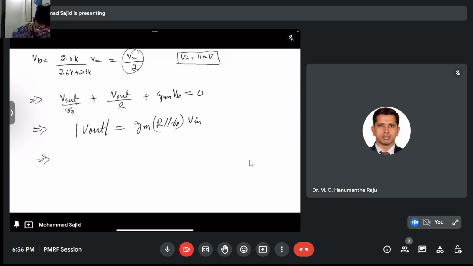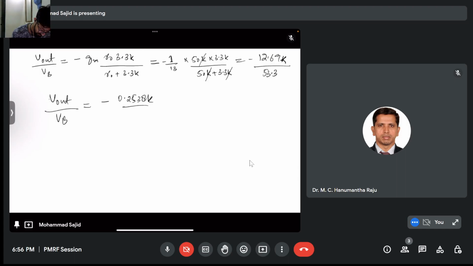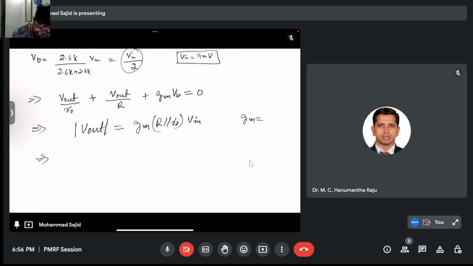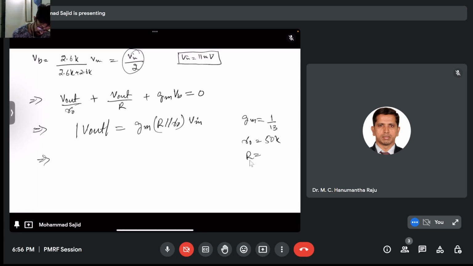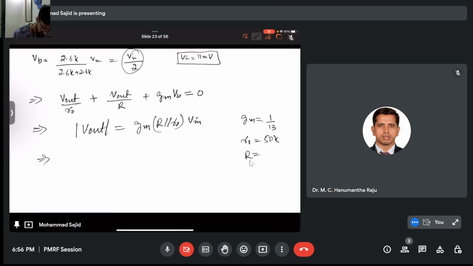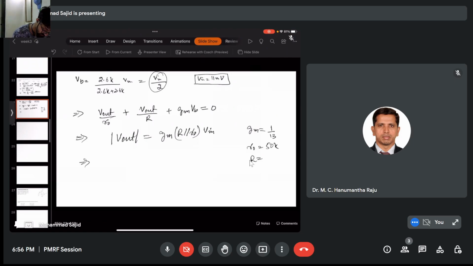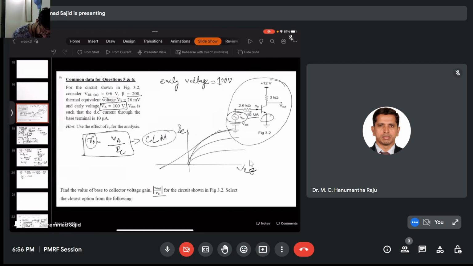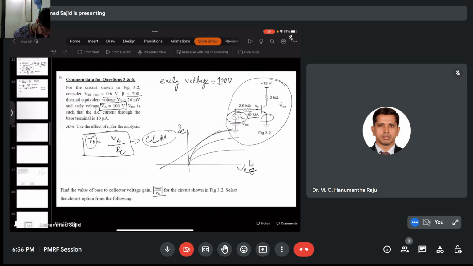We have calculated GM as 1 by 13. We have calculated R naught as 50K and R is given to us as 3 kilo.